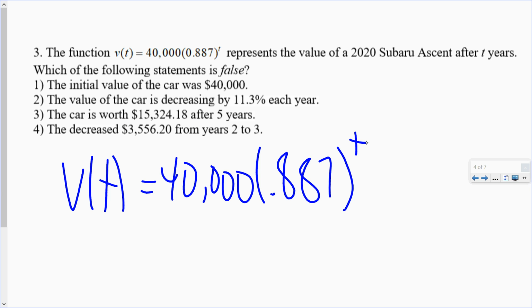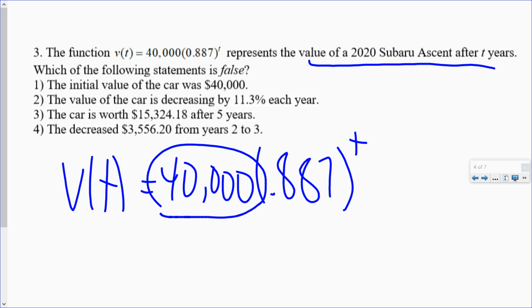So this, in general, is my starting or initial or principal amount. So I'm going to conclude that I bought the car for $40,000. This 0.887 is the rate. Well, is it more than 1 or is it less than 1? It's less than 1, which means that it is decreasing in value.